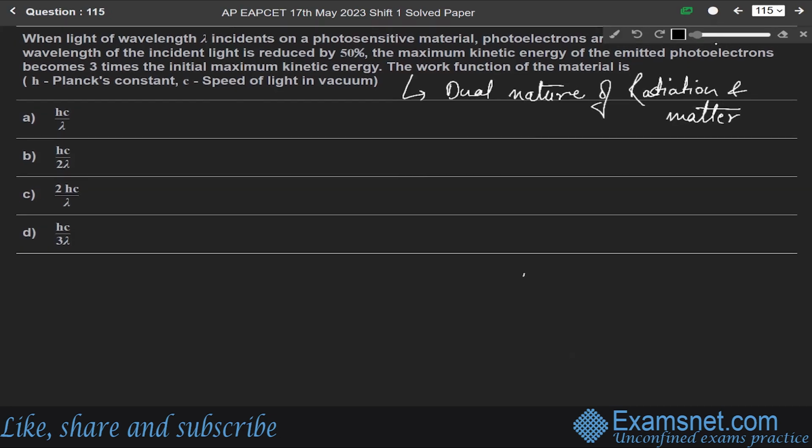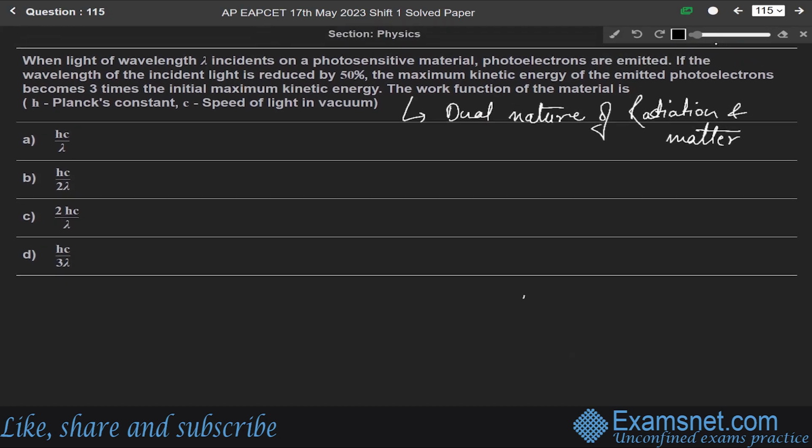So first of all, according to the first condition, the wavelength of the light is lambda when light is incident on a photosensitive material.